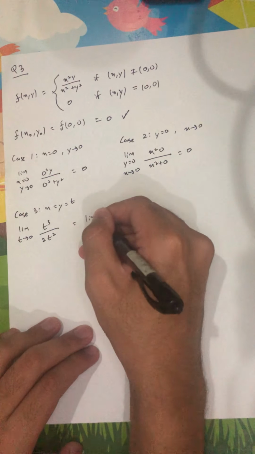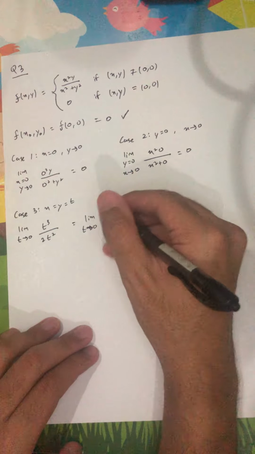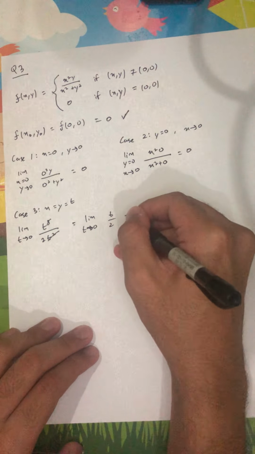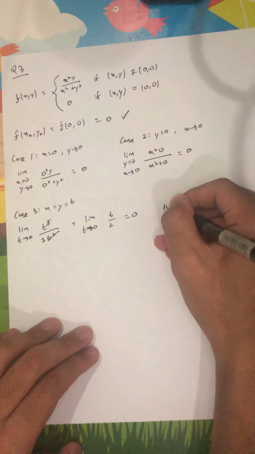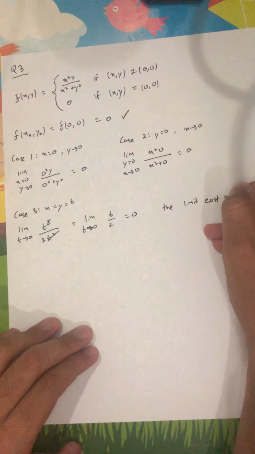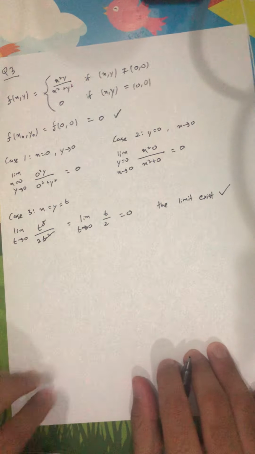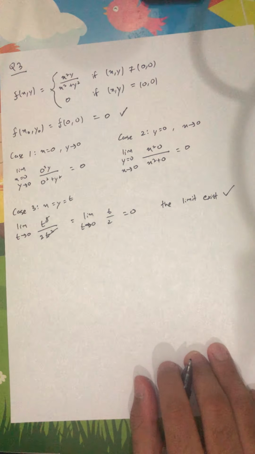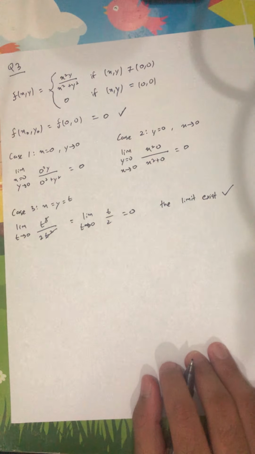Simplify, the limit as t approaches 0 of t over 2, so it is 0 as well. So the limit exists. So the second rule is also satisfied, and the final rule, which is the limit as (x, y) approaches (a, b) of f(x, y) is equal to f(a, b).